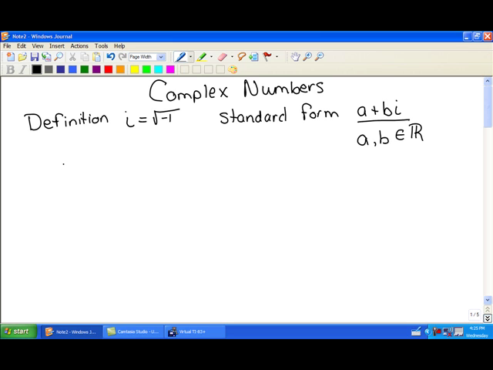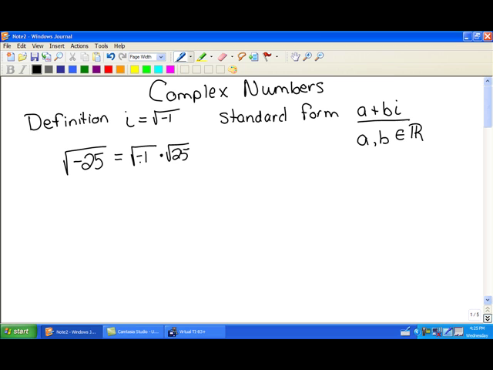This helps when we have negatives underneath the radical. Before, if we had the square root of -25, we would just say it's not a real number because we know we're not allowed to have a negative under a square root. Since we now know the definition of i, we can break that down to the square root of -1 times the square root of 25.